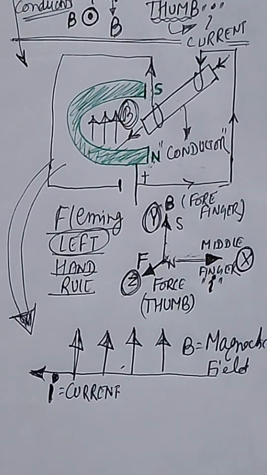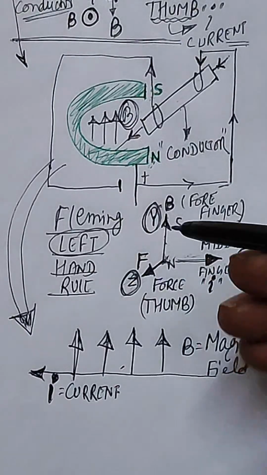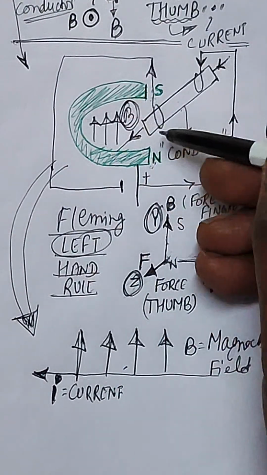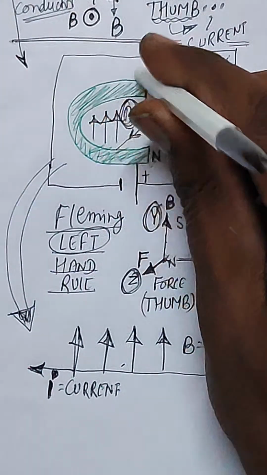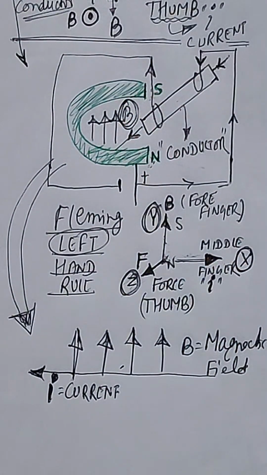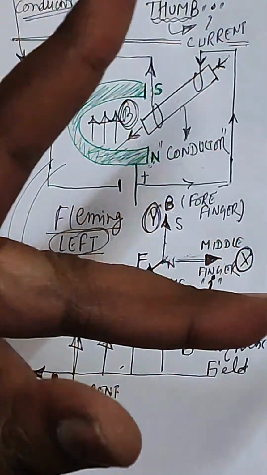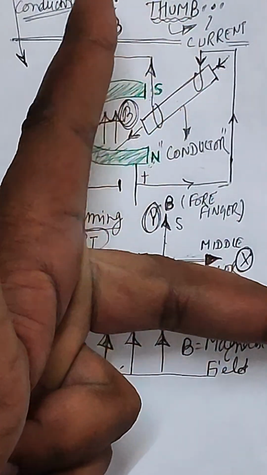Now, what I want to explain is that if this is the direction of the magnetic field, this conductor is standing perpendicular to the plane of the paper like this. Then use Fleming's left hand rule to calculate the force acting.